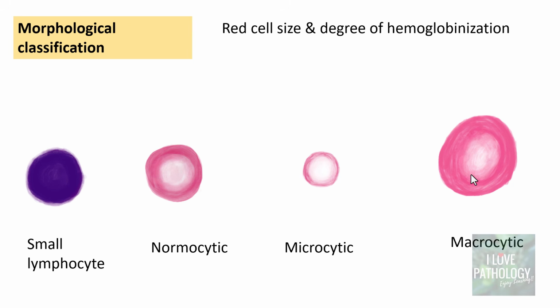Of course, these days you do have automated analyzers which give the mean corpuscular volume. Based on that, normocytic cells have a mean corpuscular volume of around 80 to 100 femtoliters. Less than 80 is referred to as microcytic, and more than 100 femtoliters is known as macrocytic RBCs.